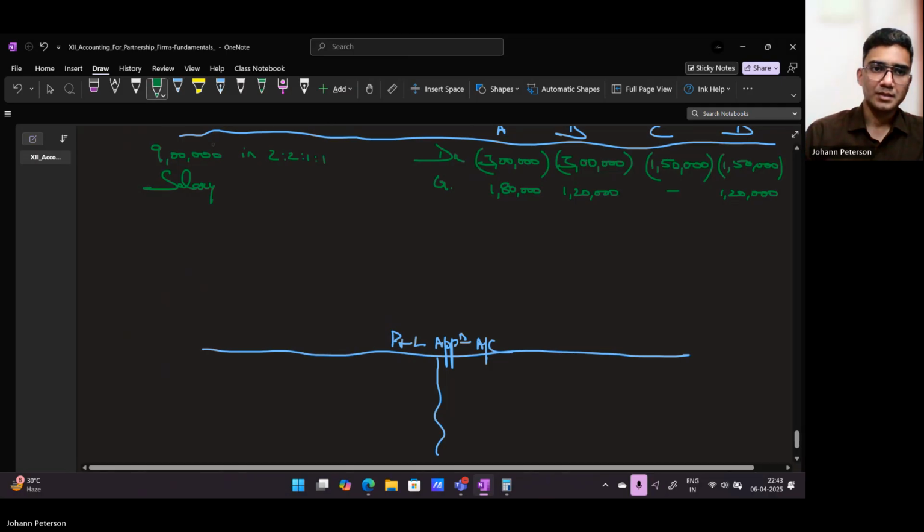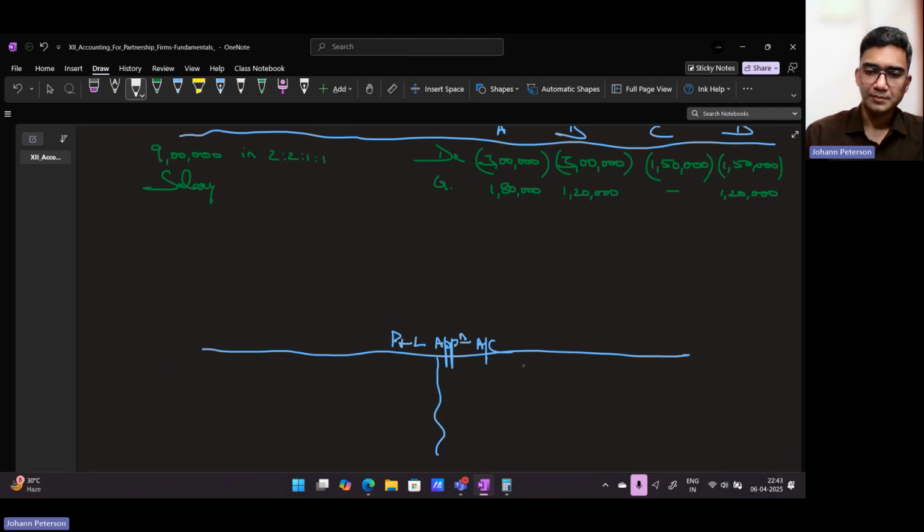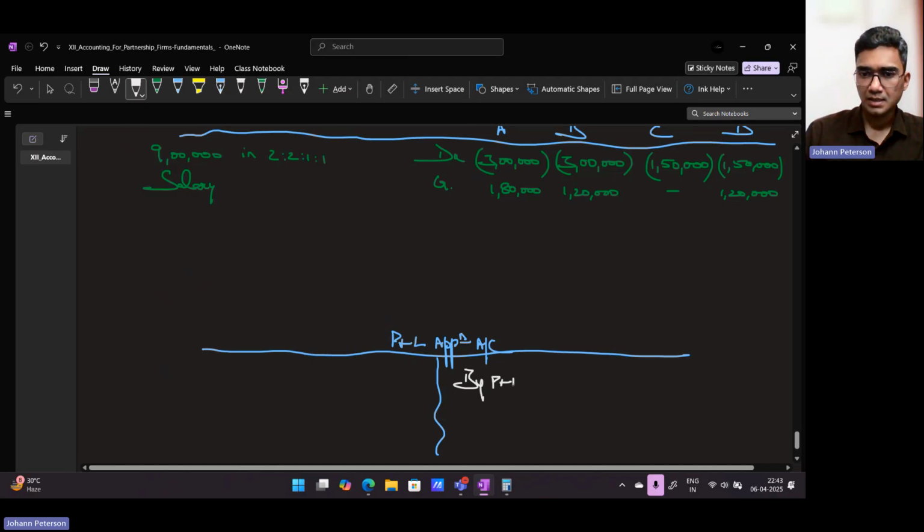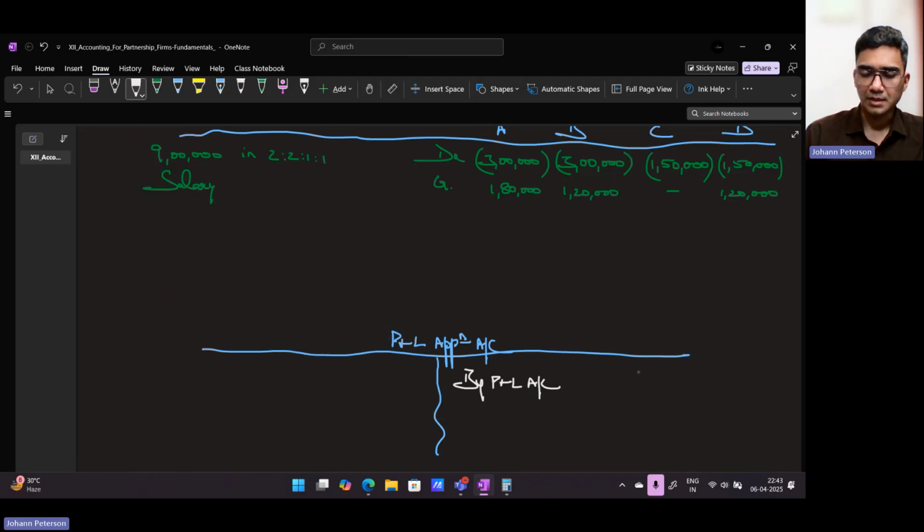Here, as I said, we are told how much is the profit. So here I'm going to write by P&L account. This is my net profit and it is given as 9 lakh. Now I've taken it back, so that means it's come back into my account. Now, what else do I have to write here? I have to write what I'm giving. So I'm giving a salary.